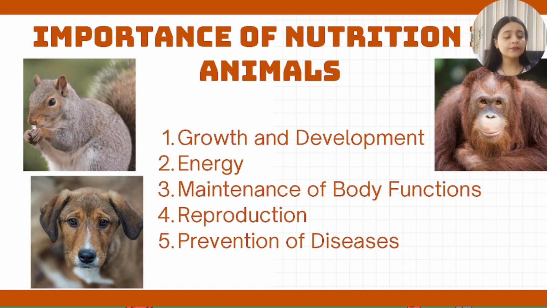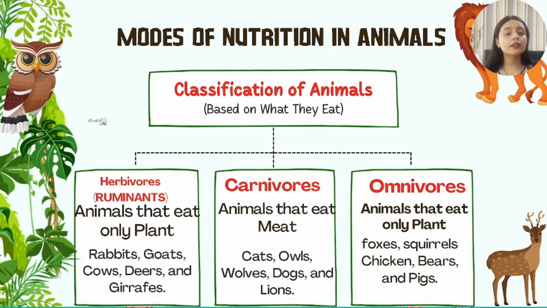Now I'm going to see about the modes of nutrition in animals. Okay, so as in plants, we have studied that there is only one mode in plants, which is the autotrophic mode. They themselves create their food, they themselves synthesize their food, and they produce more food for us. Us means herbivores. Okay, heterotrophs, right?